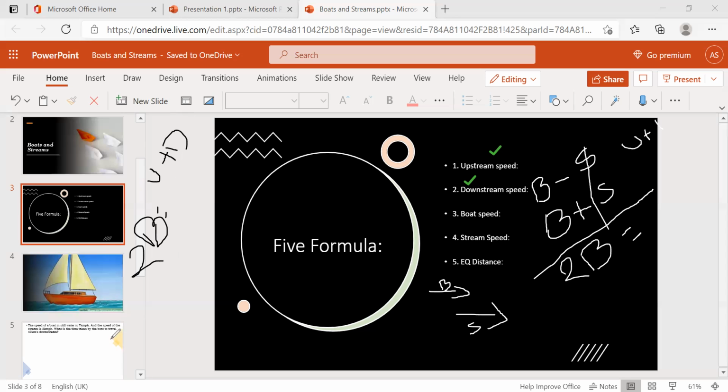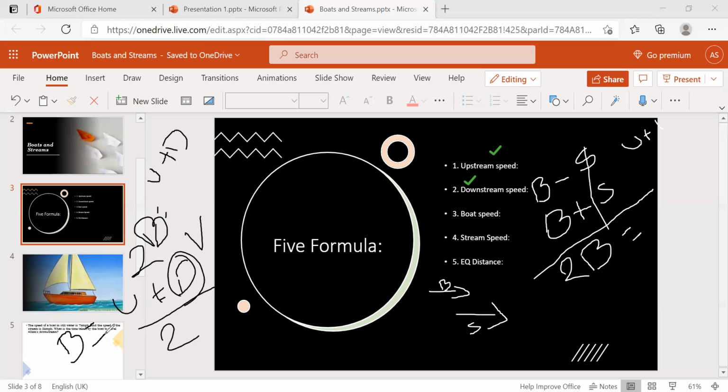Now b, the boat speed, equals u plus d by 2. What is the d here? It's not a distance, it's the downstream. So instead of d, we can represent it with v. The downstream is nothing but v.